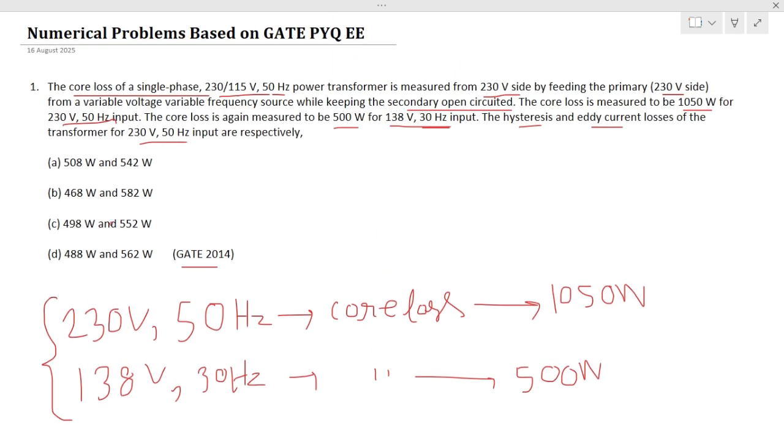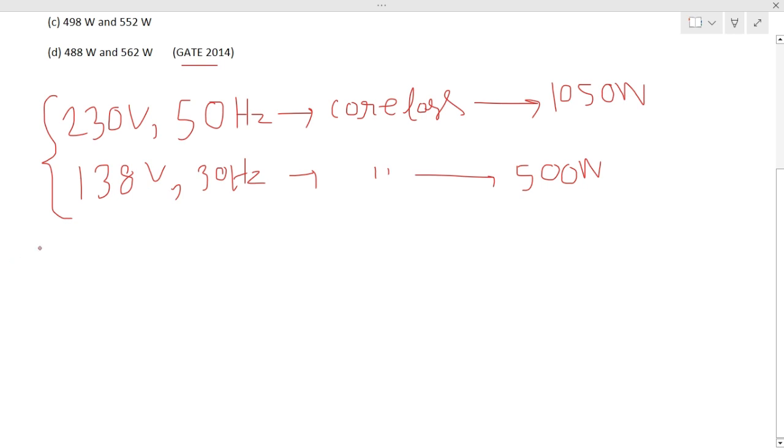So now, V1, the primary voltage, is 230 volt, and the frequency F1 is 50 hertz as per the question.